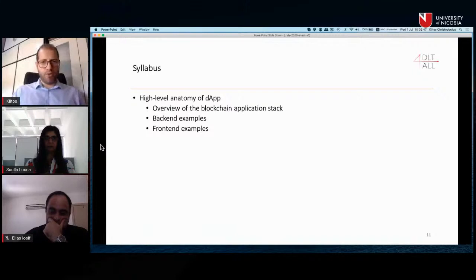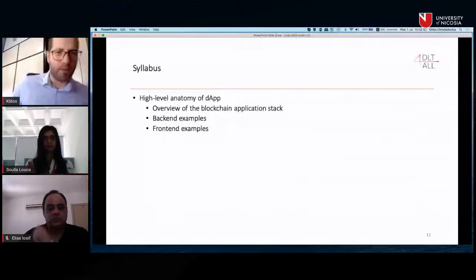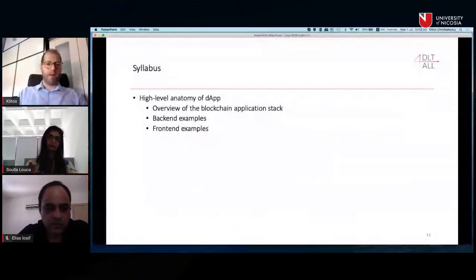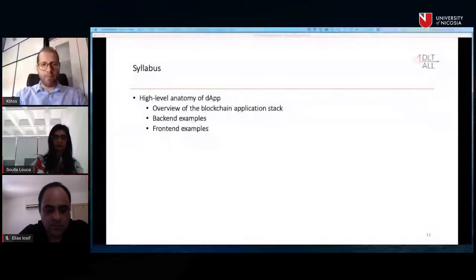So getting into the various details, one of the main sections of this learning module is to dive into the main components that comprise a decentralized application.